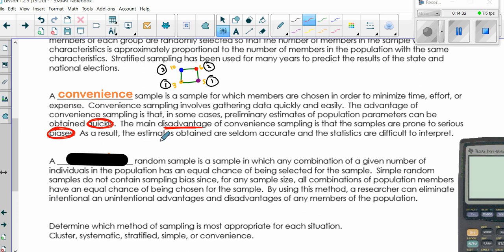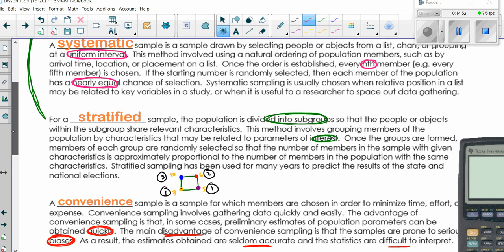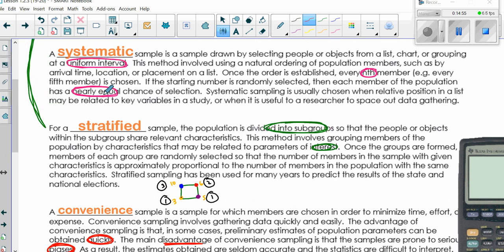As a result, the estimates obtained are seldom accurate and the statistics are difficult to interpret, meaning it's just not a good estimate, but it's a quick gauge of numbers. So that's the first one, convenience, that is just not a good sample. It does not create that equal amount that was said in all of these. Nearly equal chance of selection. Same thing with stratified.